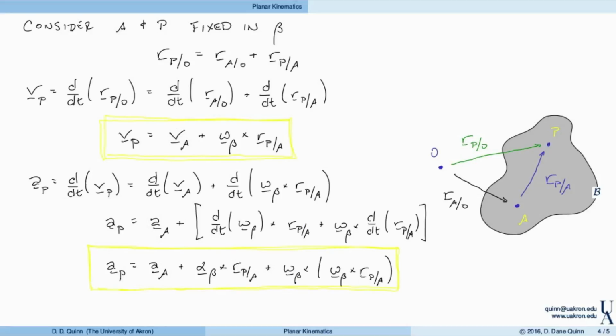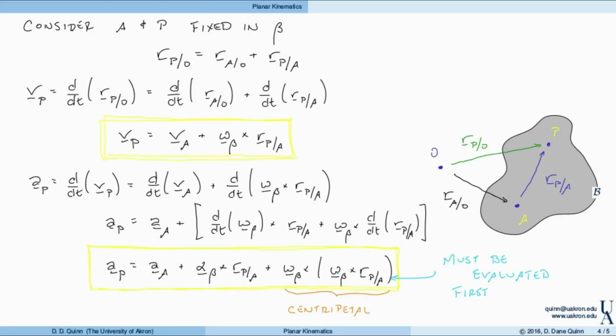This last piece is known as the centripetal acceleration. In this cross product, omega cross r must be evaluated before we cross with omega, because the cross product is not associative.